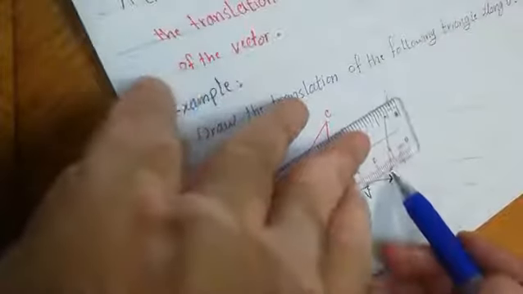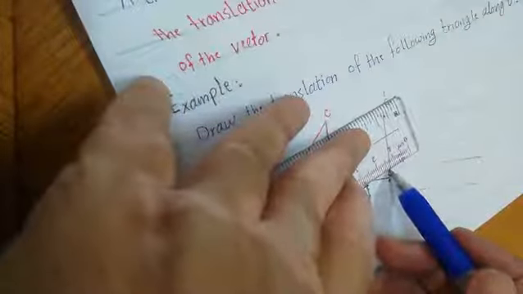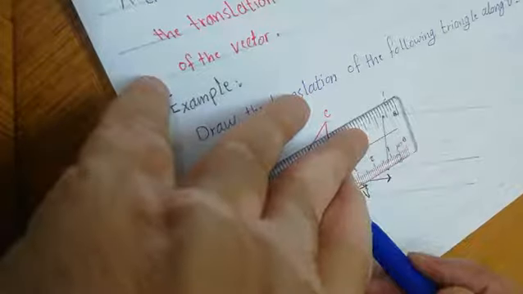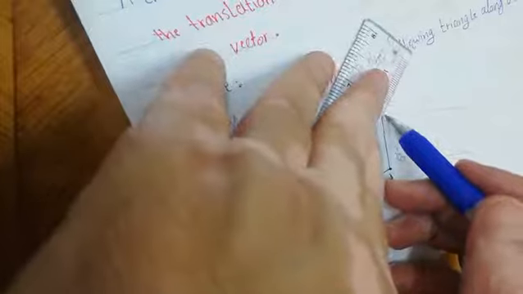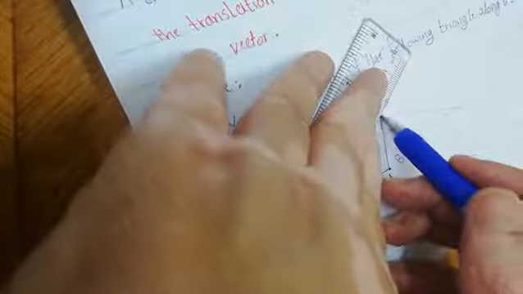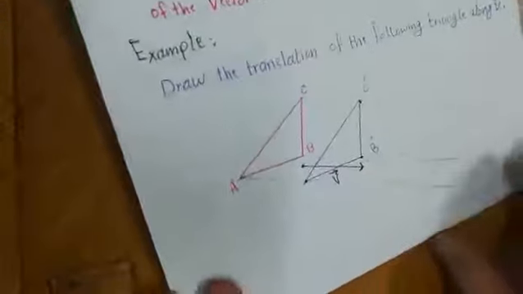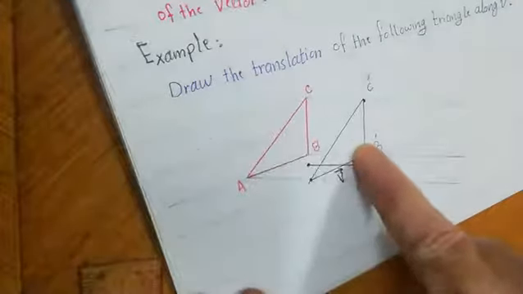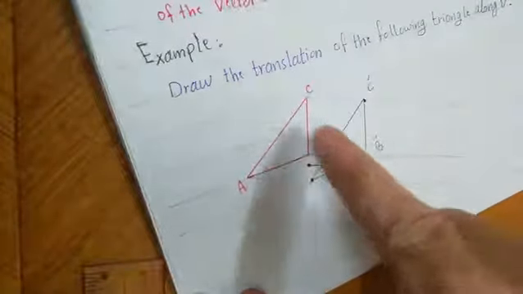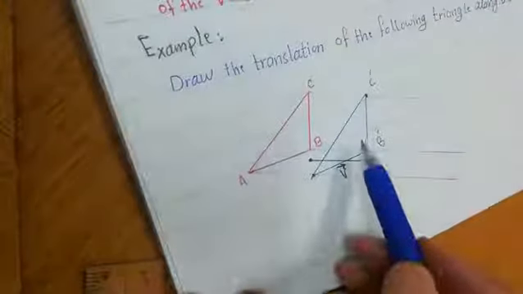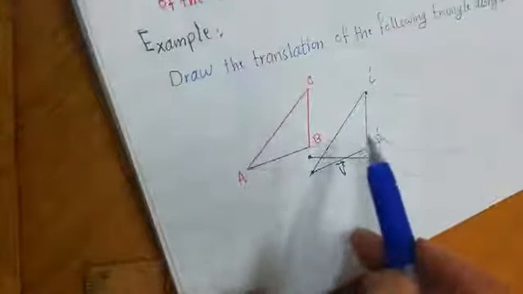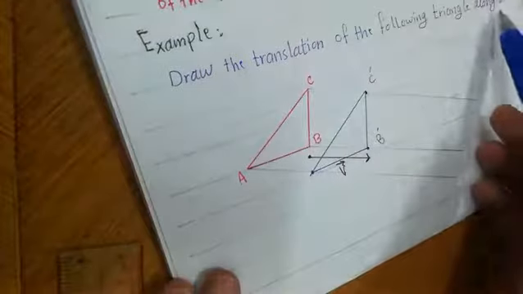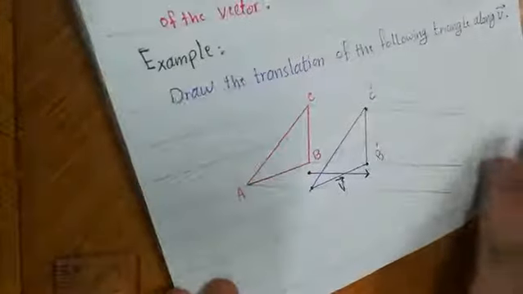This is the image of this triangle. Look, it looks like if I translate it in this direction, they will match each other. So this is the image for this triangle by translation along the vector V.